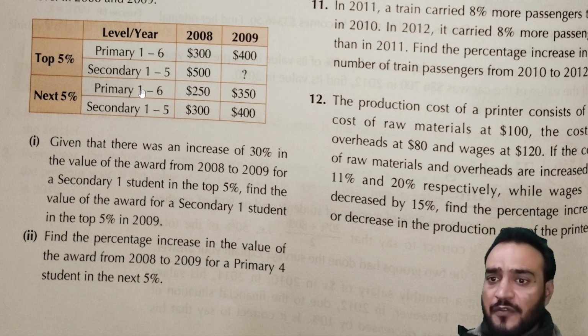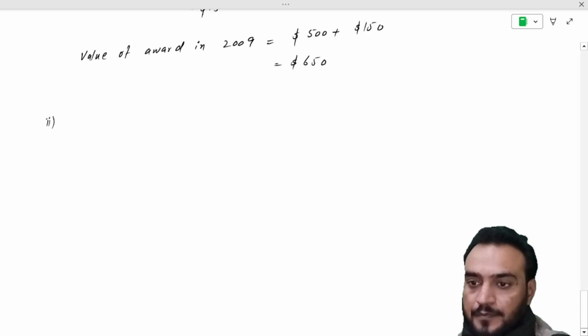We will consider the first row where the value of award in 2008 was $250 and in 2009 was $350, and we have to find the percentage increase. So let us solve this part.